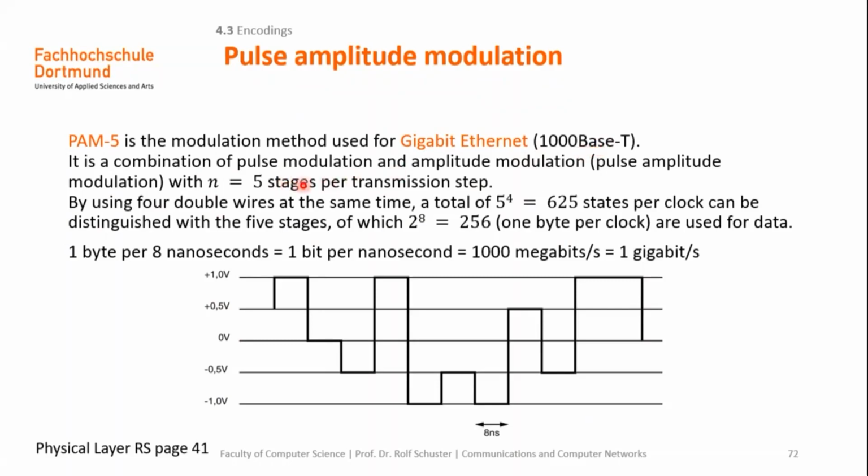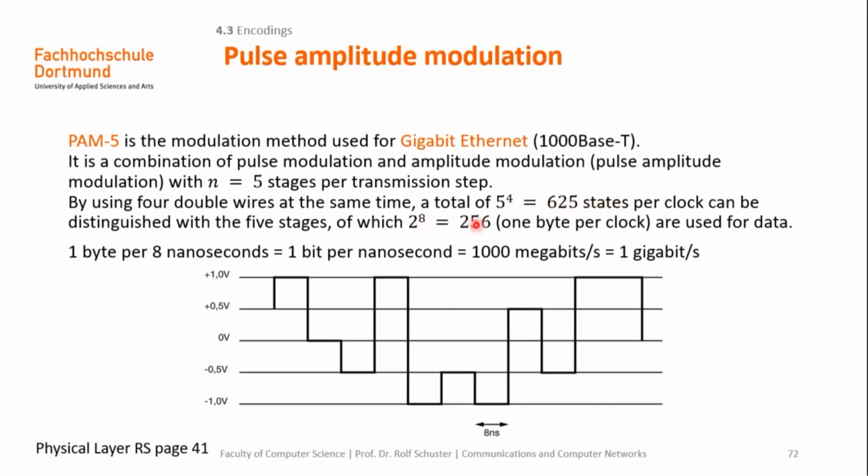Then each bit time we transmit a combination of 20 stages, that is 5 to the 4, that is 625 states per clock.